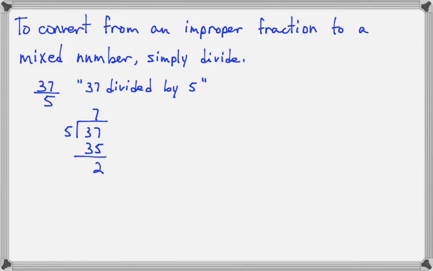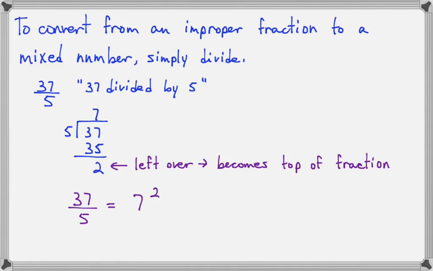So pieces make you think of fractions, and so this is the top of the fraction and this is the bottom, because remember, just like the other time, the bottom always stays the same. So we get 7 2/5, the whole number and the fraction.